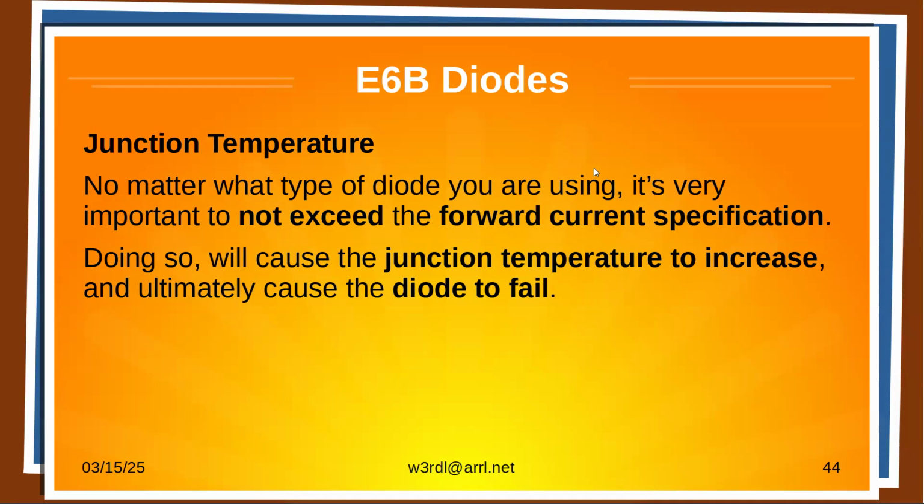Junction temperature. I forgot to get rid of the white. So in all cases, the junction temperature of the device, whether it's actually a diode or a transistor, is something you have to watch out for.